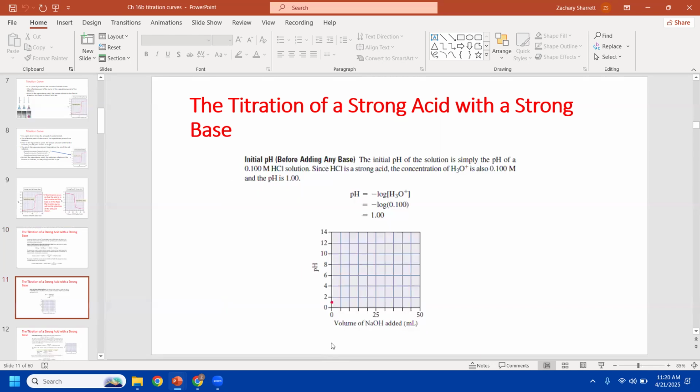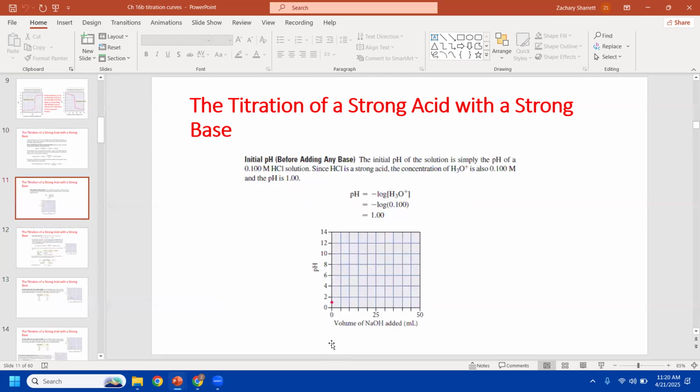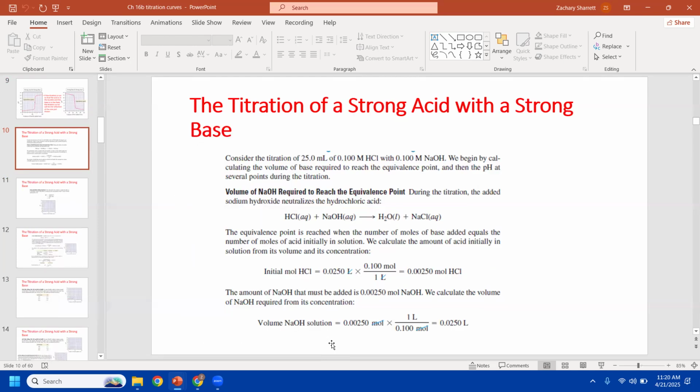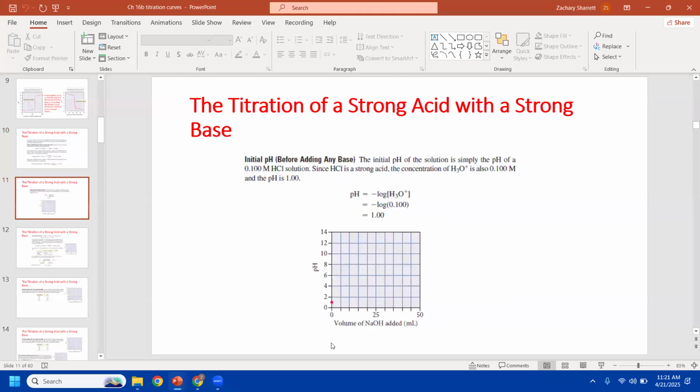So what is this question asking? We want to find the pH at different points in the titration. First of all, can we calculate the pH before any base was added? Do we know how to do that, Bryce? How do you find the pH?